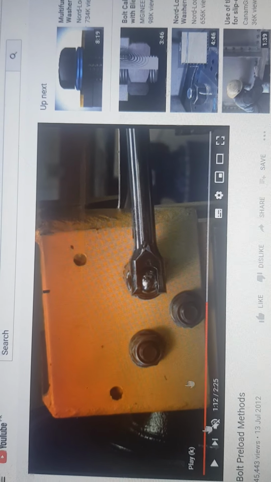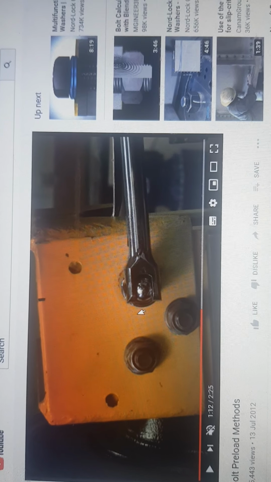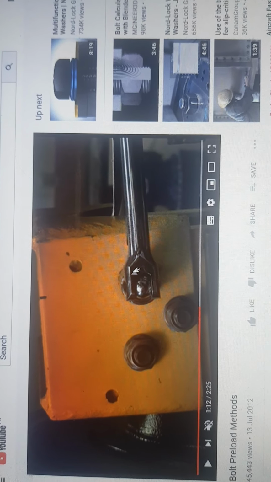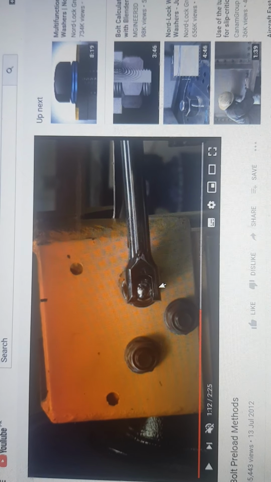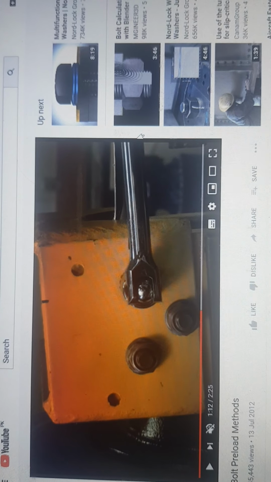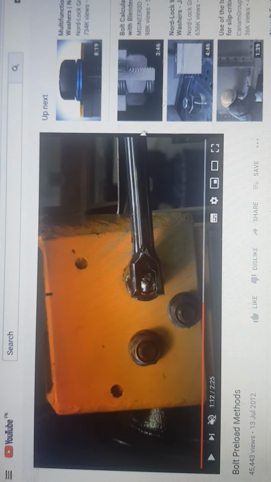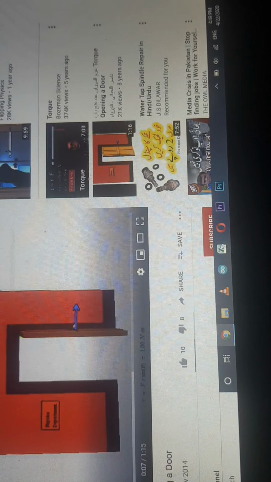See, he is applying the force from this point, and the bolt is going to tighten or open from this point. This is the axis of rotation, and the distance between the axis of rotation and the point of action from where the force is applied is known as moment arm.